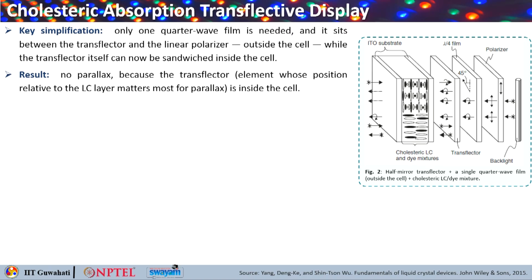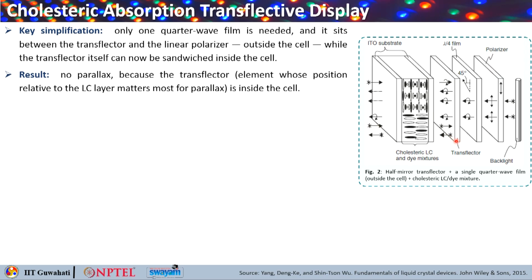By replacing the nematic liquid crystal host with a cholesteric liquid crystal, which is basically a chiral nematic, only a single quarter wave film is required overall. It can be positioned between the transreflector and the outside linear polarizer, so it is entirely outside the liquid crystal cell.